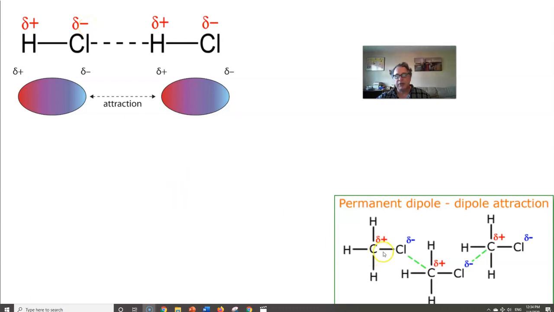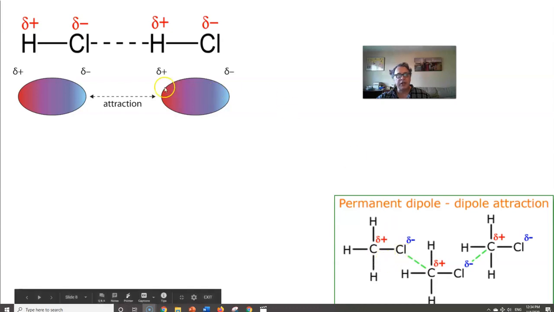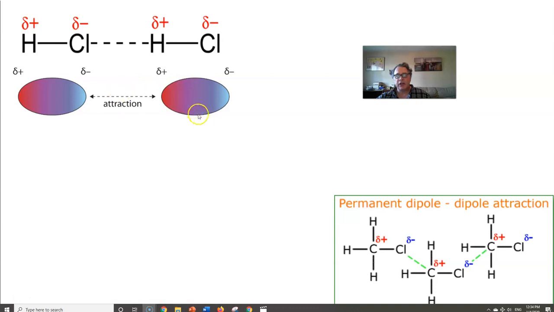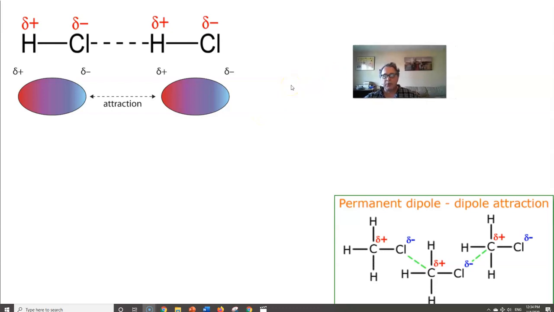Right here we have a partial positive charge on the carbon and a partial negative charge, and these permanent dipoles line up head to tail, just as they did when they were instantaneous or induced dipoles. But now these are permanent dipoles, which means that the forces are stronger because this isn't a momentary interaction. It's a permanent, full-time interaction.